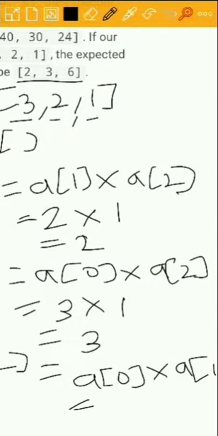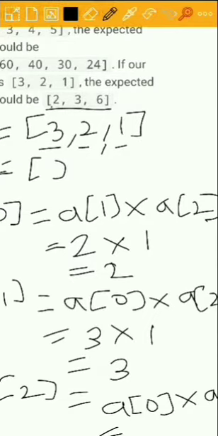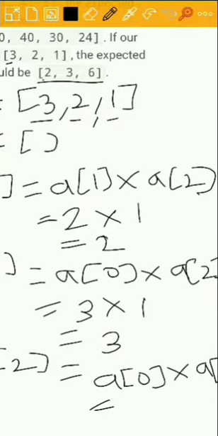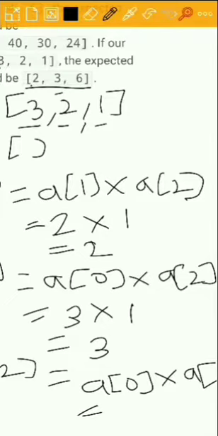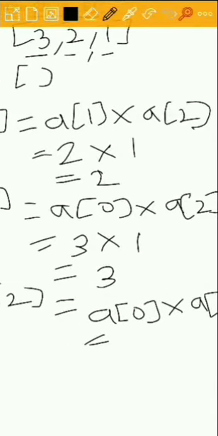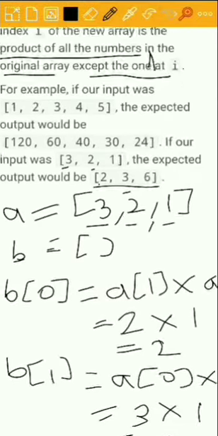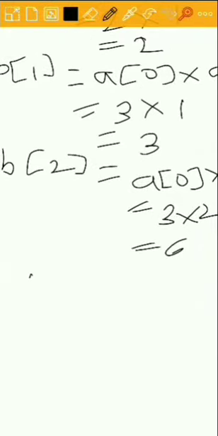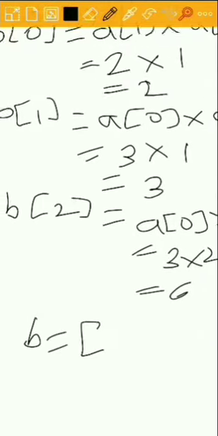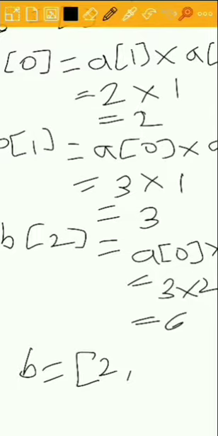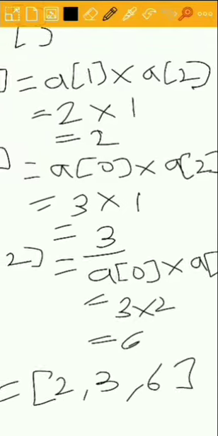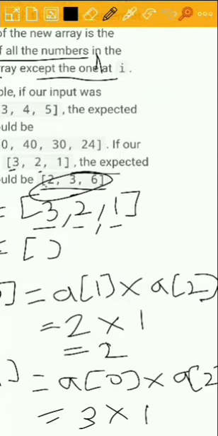A of 0 is 3 and A of 1 is 2, so 3 into 2 is 6. So our new list B will contain B of 0 as 2, B of 1 as 3, and B of 2 as 6. This is what we have to obtain.